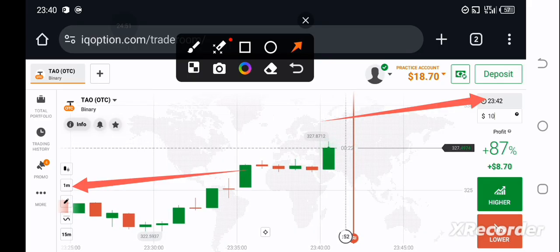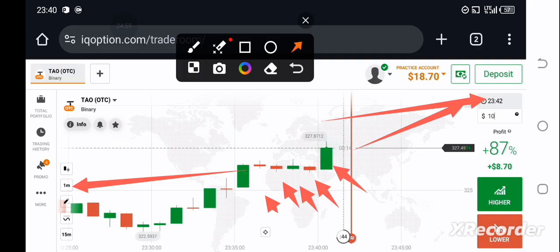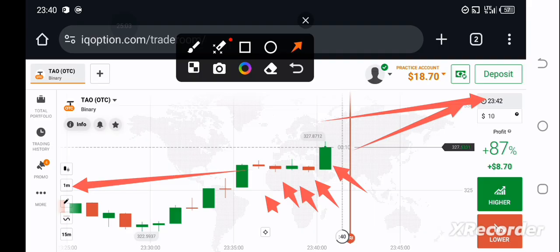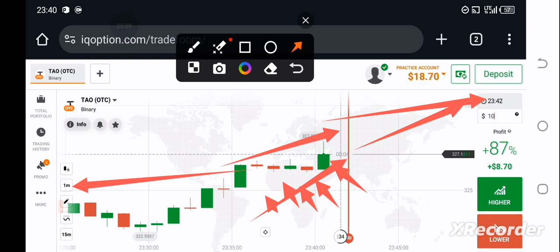Now each of these candlesticks represents 1 minute, right? But I'm going to open for a 5 minutes time frame. It means that the candle will move for the next 5 minutes. You are going to count 5 candlesticks. After 5 candlesticks, the trade will automatically close.